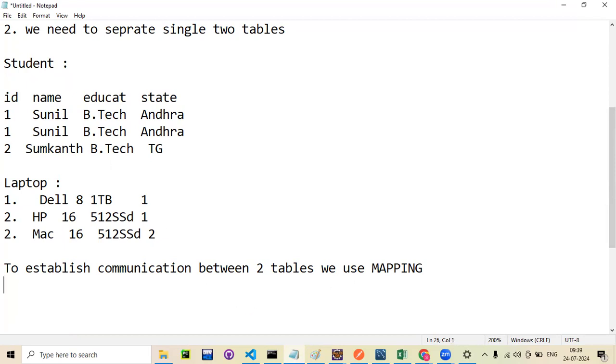What I told: a person can have multiple laptops, but no laptop is being used by multiple people.